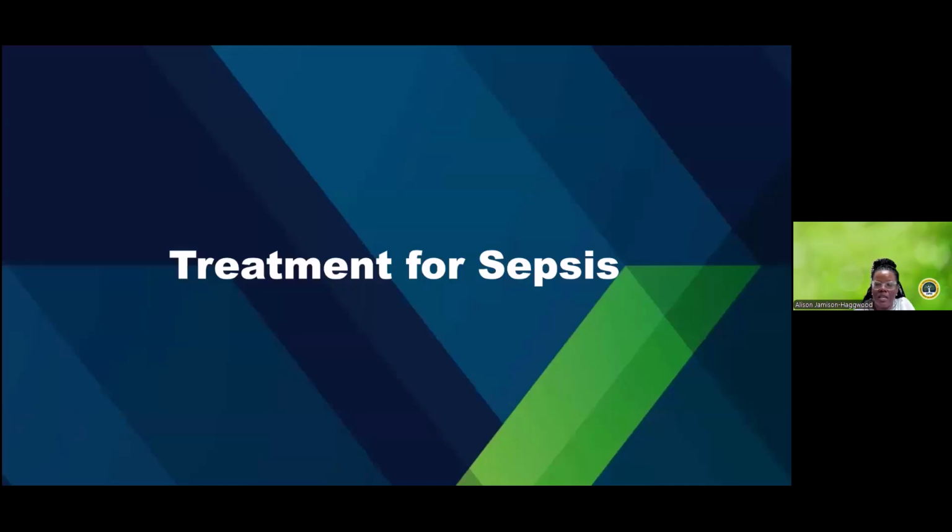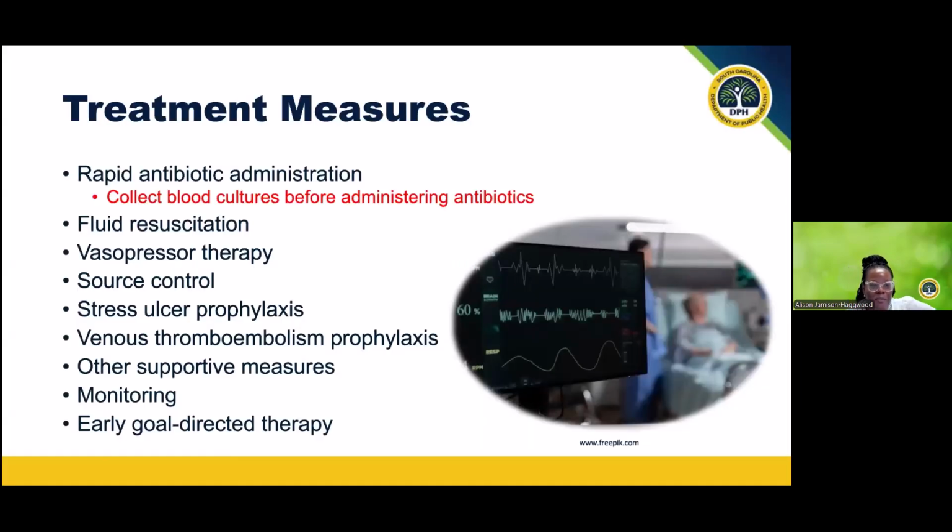So we're going to look at now some treatment measures for sepsis. So again, rapid antibiotic administration. Collect blood cultures before administering antibiotics. Fluid resuscitation, vasopressor therapy. Providing those fluids rapidly to restore the stability of the patient.